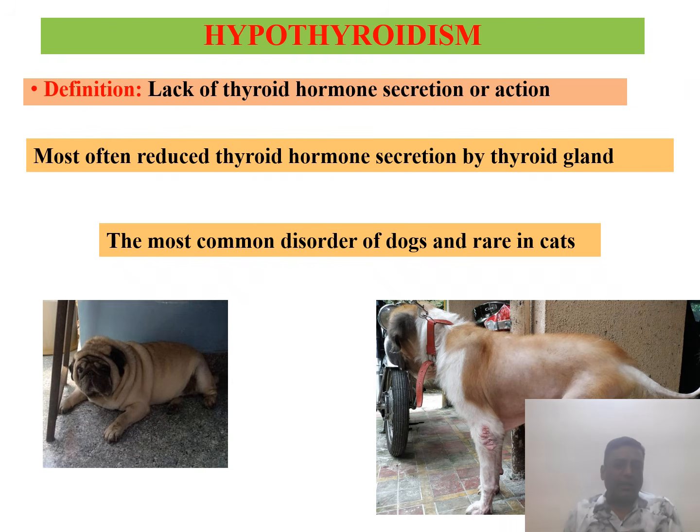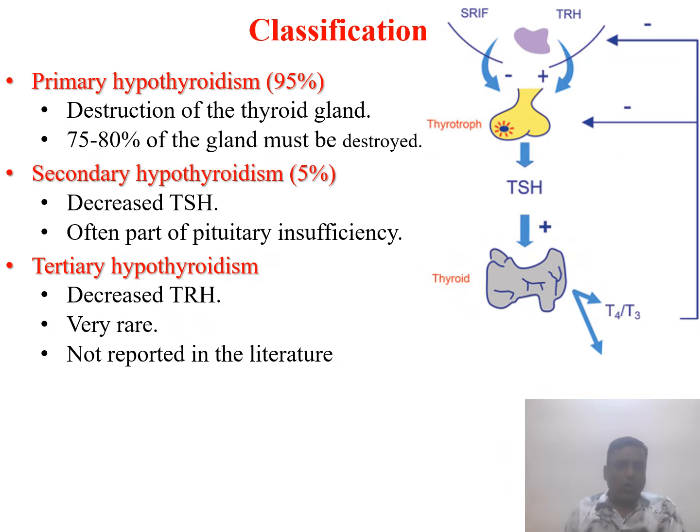So this is the brief information about hypothyroidism. In the definition, the lack of thyroid hormone secretion or its action is most important. When doing the classification, primary hypothyroidism accounts for 95% of the clinical cases we get in routine veterinary clinical practice, where there is destruction of the thyroid gland, with 75 to 80% of the gland destroyed, and because of that, thyroid hormone is unavailable. In secondary hypothyroidism, TSH is decreased, often as part of pituitary insufficiency.